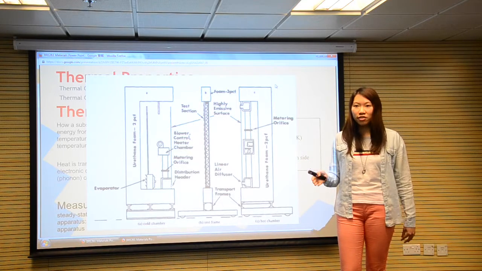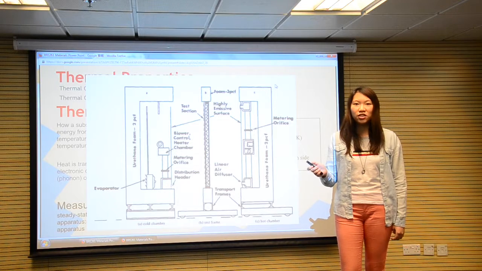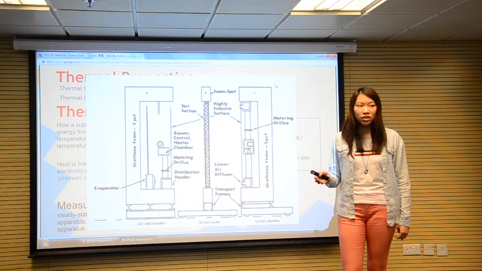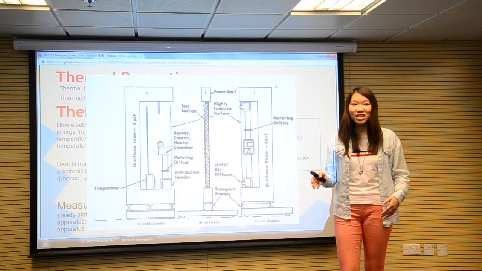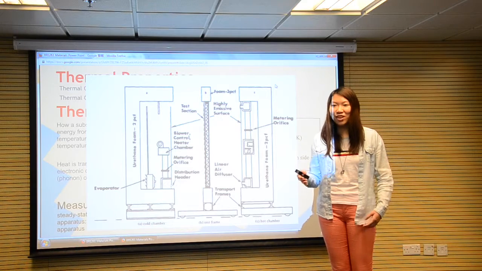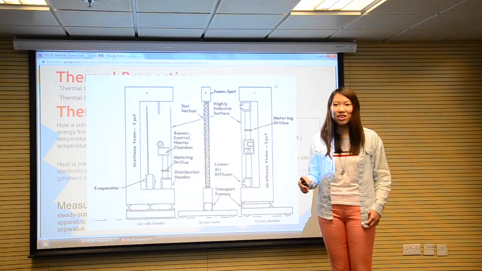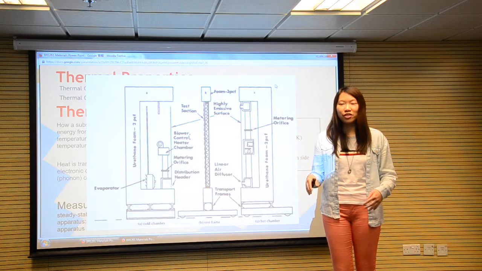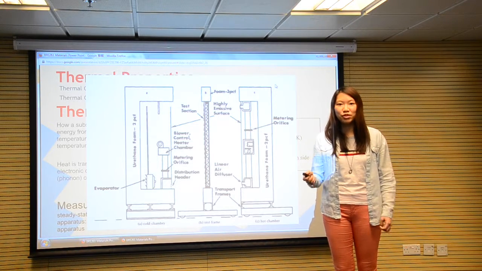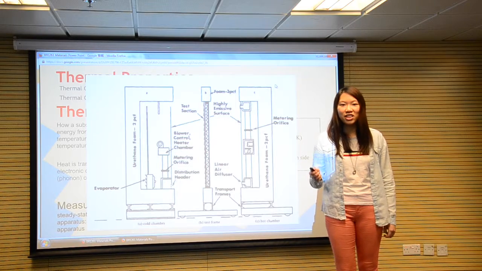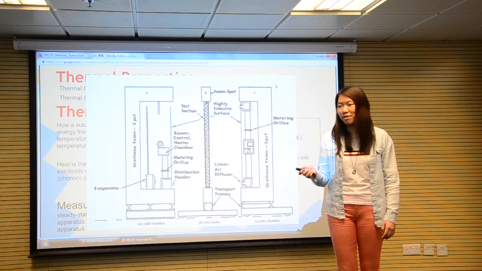And for measuring the thermal conductivity of building material, we normally use hot pulse apparatus because hot plate apparatus requires a smooth surface for measurement, but building material does not necessarily have a smooth surface.